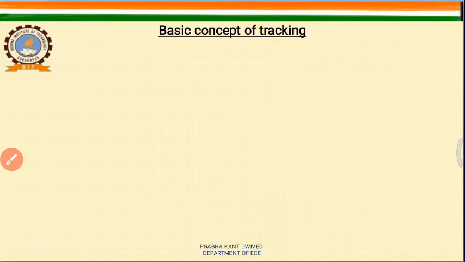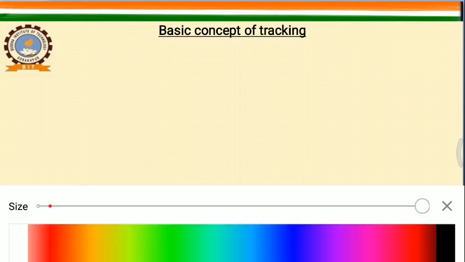Now we will discuss the basic concept of solar tracking. For the purpose of tracking, suppose this is a solar cell.